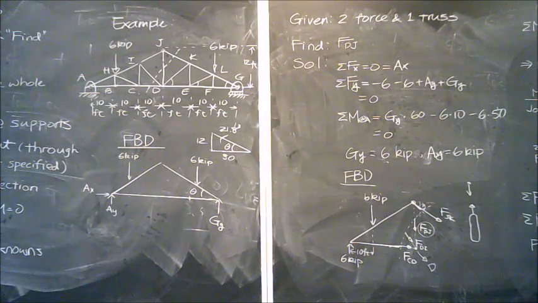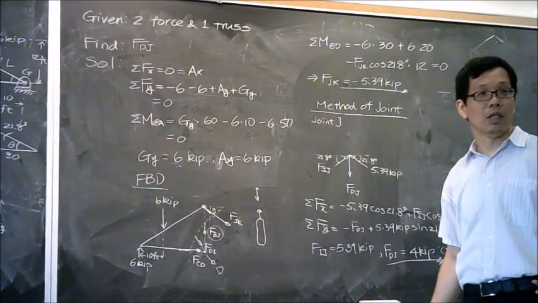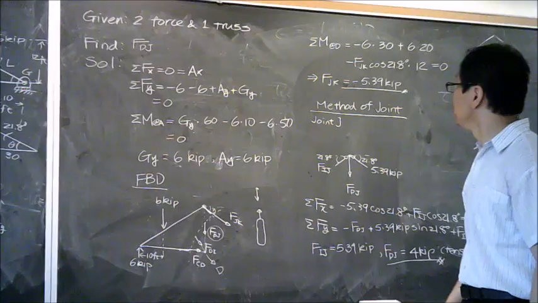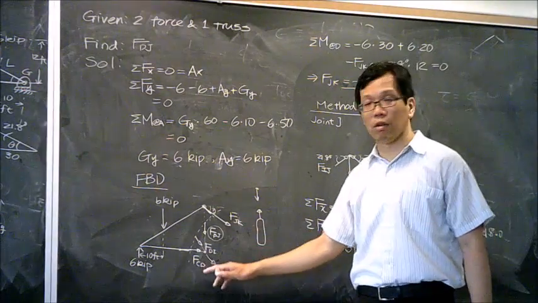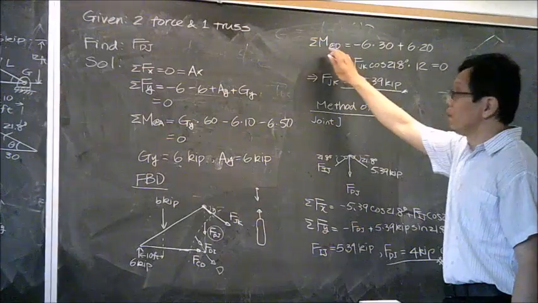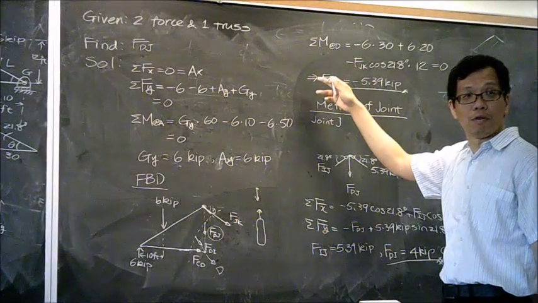Then you might not need to use method of joints. Sometimes you might just use 3 equations, then you can solve for that. If that's the case, do that, because the more methods you apply, the more mistakes you're going to make. That's the rule of thumb, right? So if you only have 3 unknowns in your problem, just use moment and 2 other force equations.